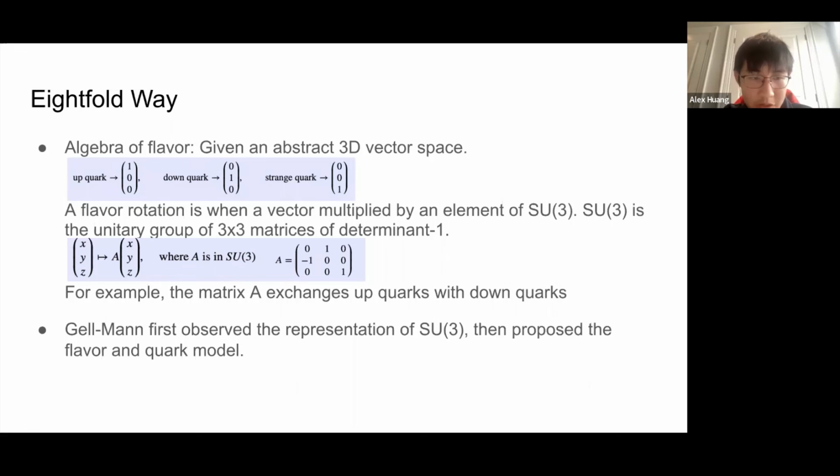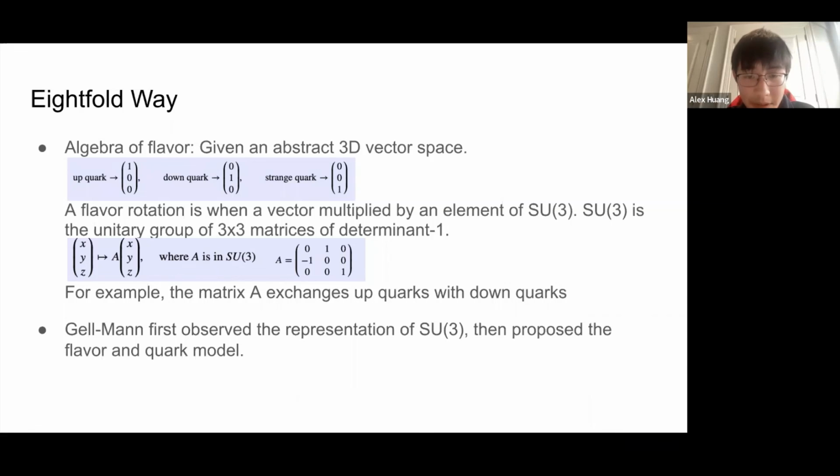If you multiply a vector x, y, z by a matrix A, you map x, y, z, which represents a particle that has x up quarks, y down quarks, and z strange quarks, to another particle.